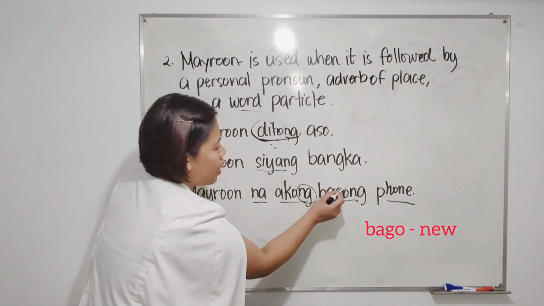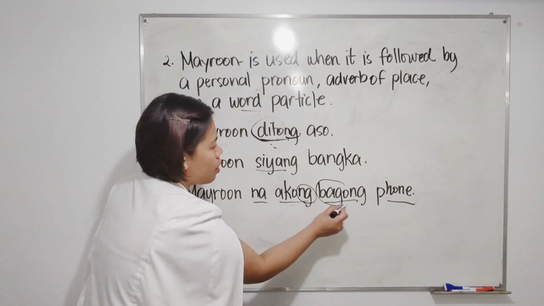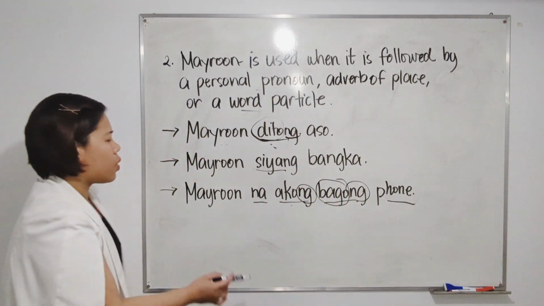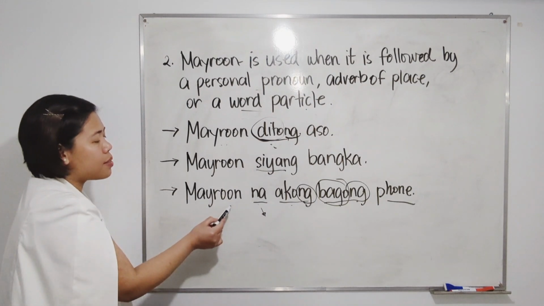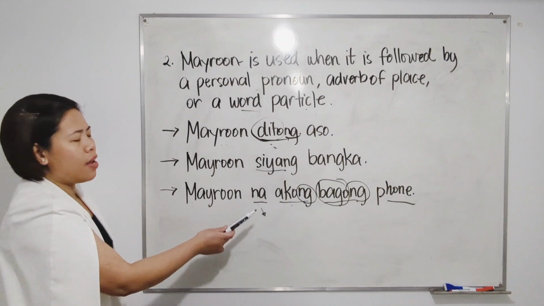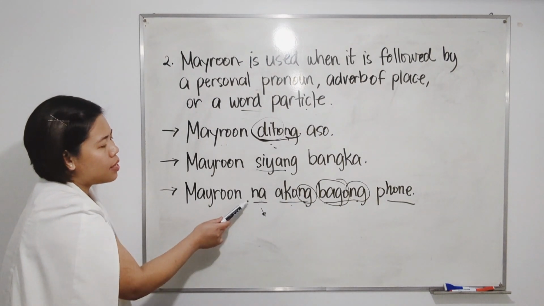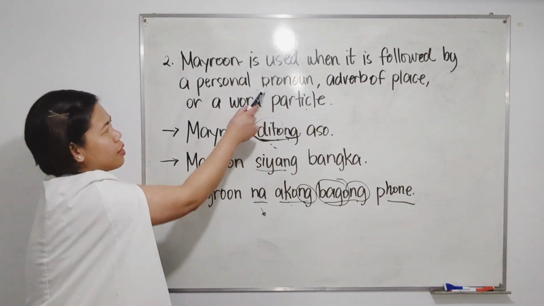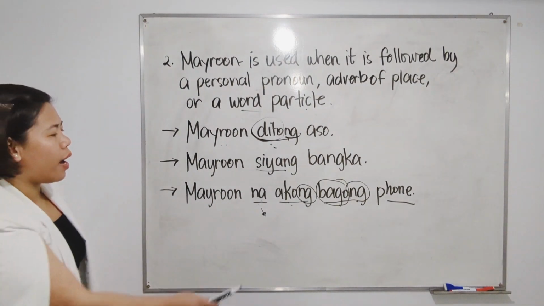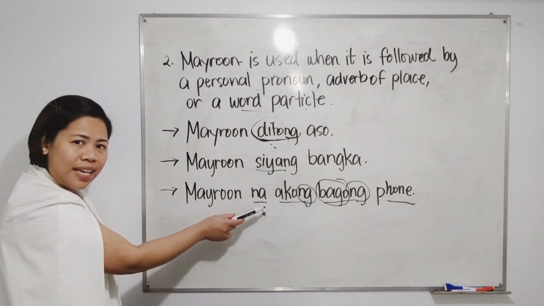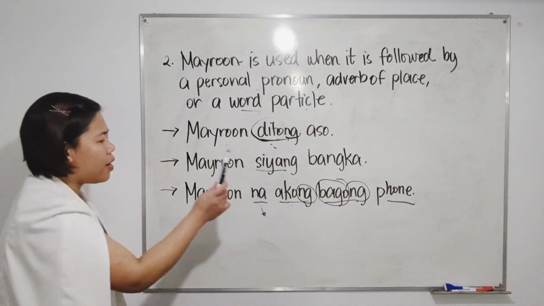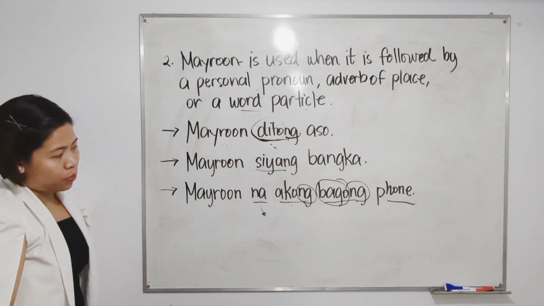Bago. Bago is the root word, means new, and then another NG here as a connector. So we use mayroon because it is followed by a word particle. Anyway, even if we did not have this, since ako is also a personal pronoun, we still are going to use mayroon. So I already have a new phone.